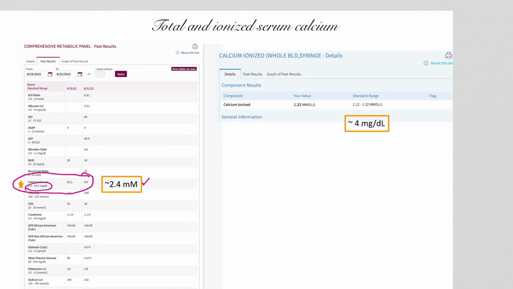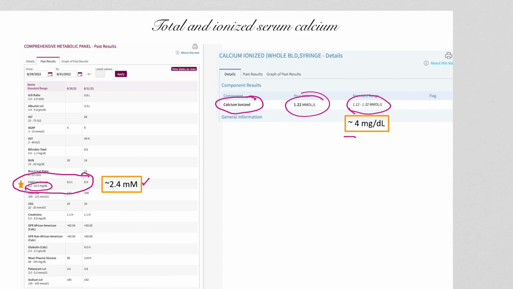Another calcium test that is actually better than total calcium is ionized or free calcium, and that's about 4 milligrams per deciliter, which comes out to about 1.2, or 1.1 to 1.3 millimolar.